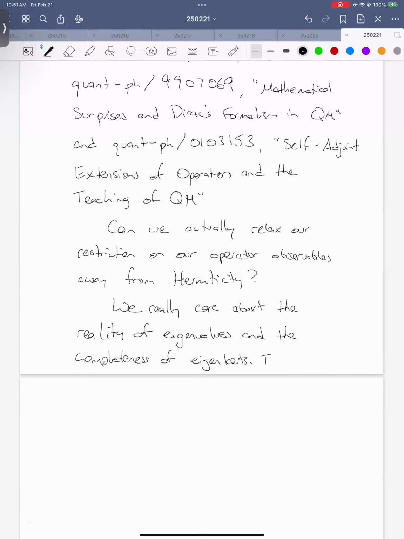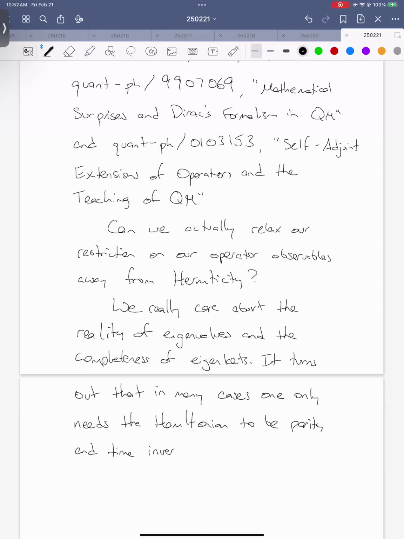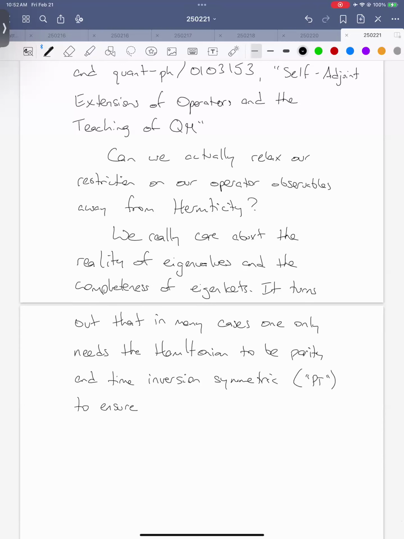And it turns out that in many cases, one only needs the Hamiltonian to be parity and time inversion symmetric, PT, to ensure the reality of eigenvalues and the completeness of eigenkets.